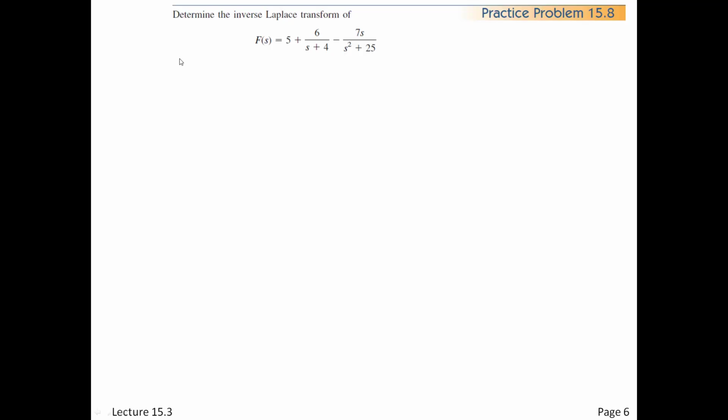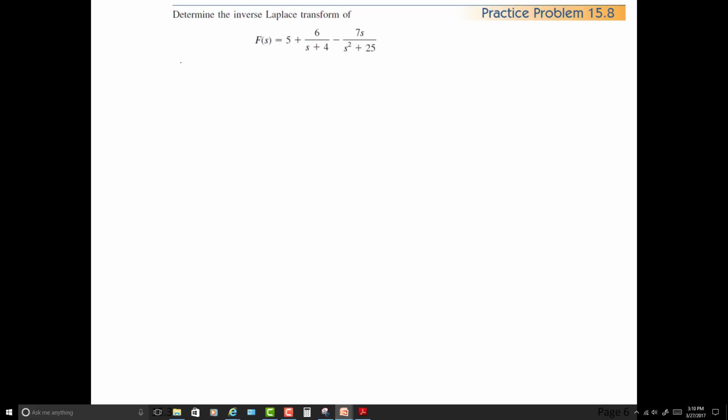Okay, so really this is already broken up into the constituent parts, right? So all we need to do is go look up the terms in table 15.2, right?